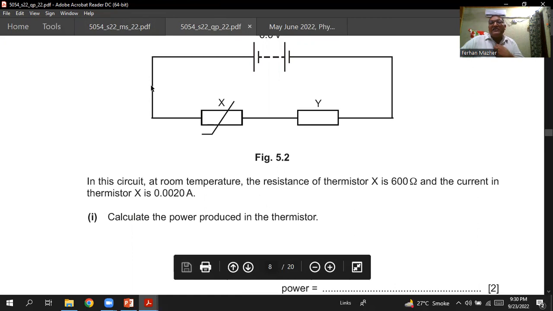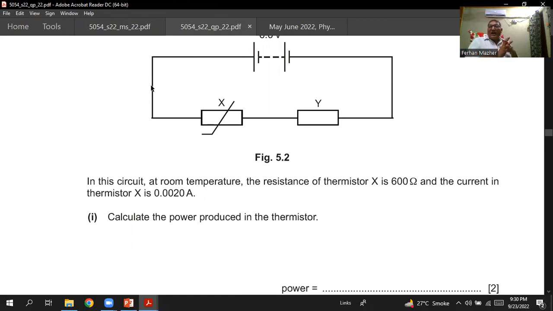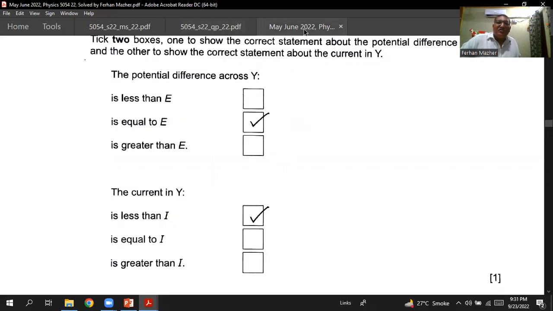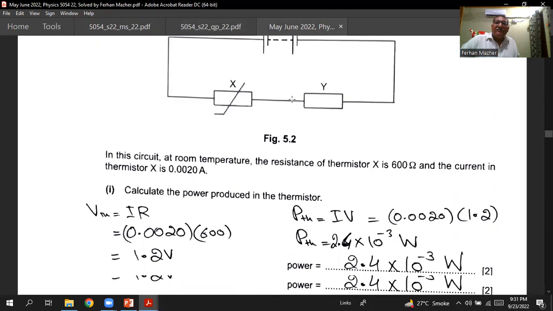The formula for the electric power is P equals IV. I know the current, but I don't know the voltage drop. So I can calculate the voltage drop, V equals IR. Once I know the voltage, I can calculate the power. Let me show you my calculation.